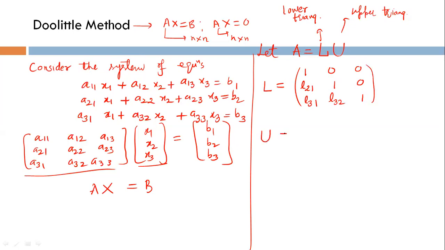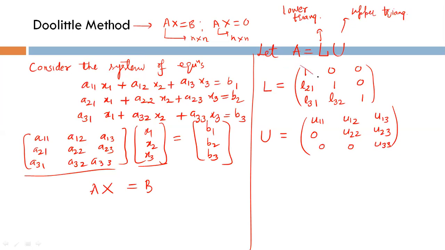And U is supposed as U11, U12, U13, 0, U22, U23, 0, 0, U33. This L is a lower triangular matrix because all the entries above the principal diagonal are 0, and U is an upper triangular matrix because all the entries below the principal diagonal are 0.